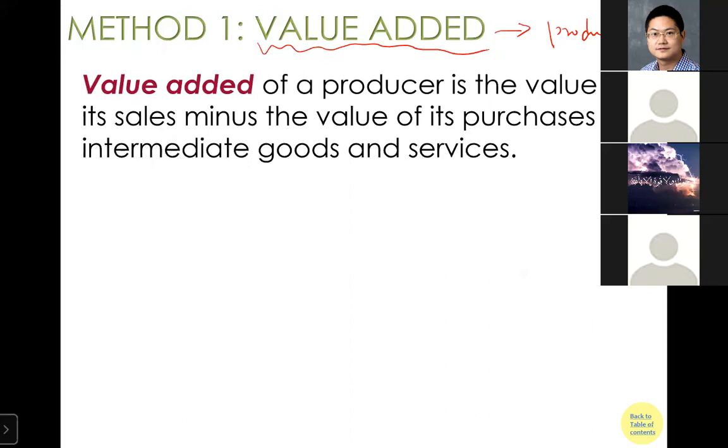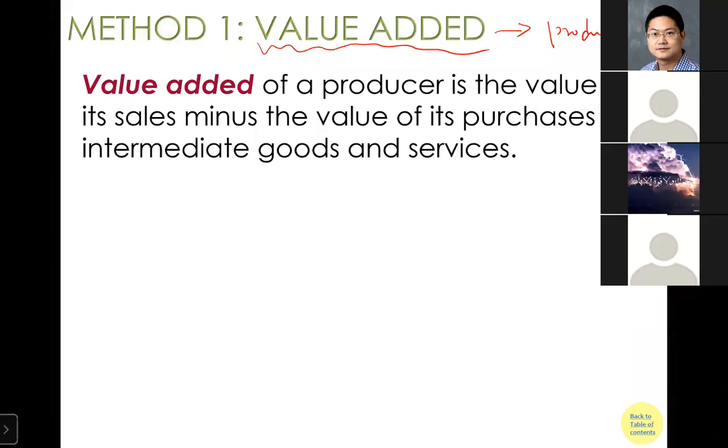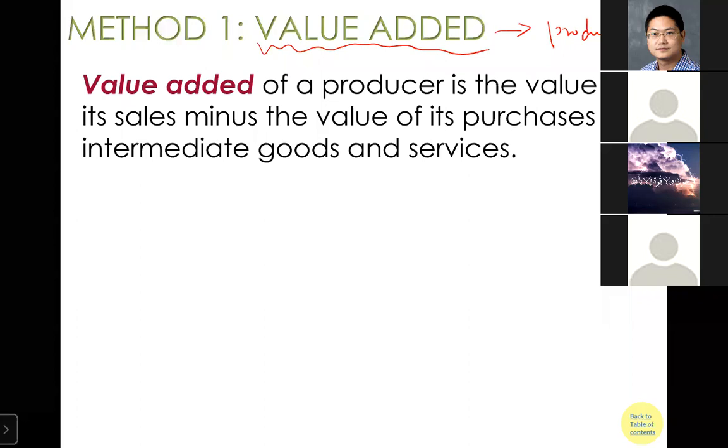Just remind yourself of when I explained the circular flow diagram. One approach to look at GDP is the summation of production. But in terms of production, we must differentiate between final goods and intermediate goods.